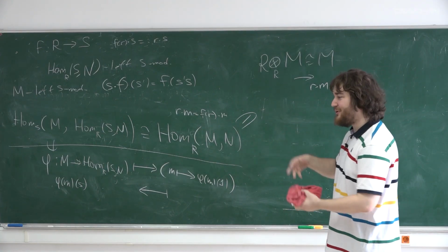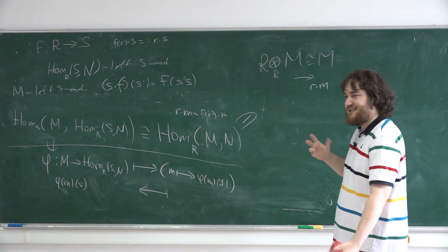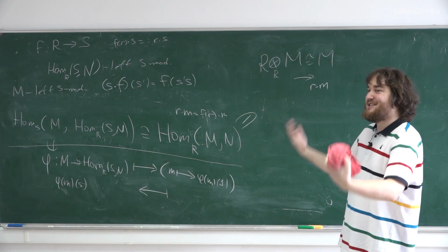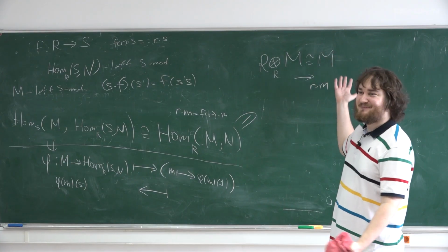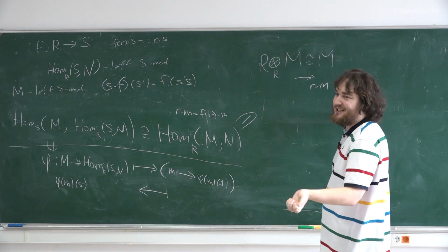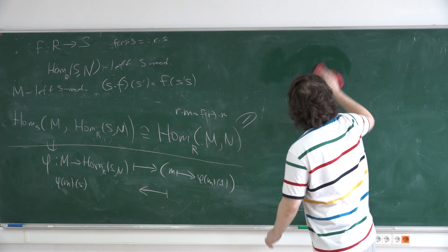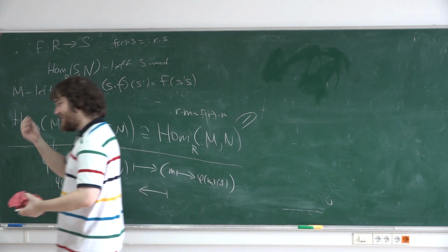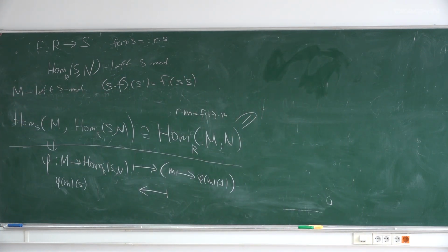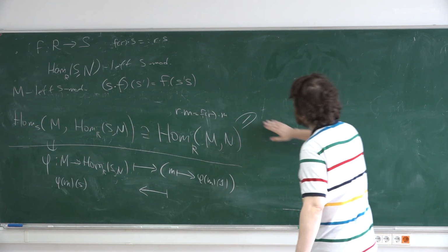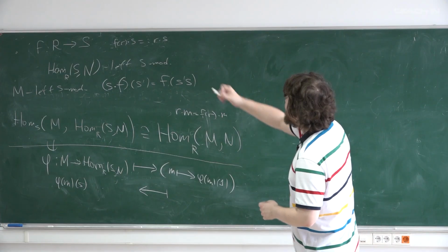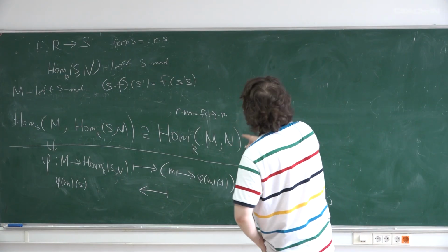If R is not unital, then the module is not unital, and you can consider multiplication by zero: any element acts by 0. It's a module structure, but it's not isomorphic here. So we consider unital rings and such modules on which the unit acts by identity. These are unital modules over unital rings.